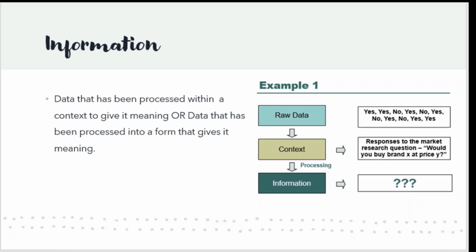And the information, once you process that, is whether you would buy it or not. That yes, yes, no, no now has a meaning because you know what that represents. And with that, you can create a chart or a table so that you can visually see that data, which now obviously became information.